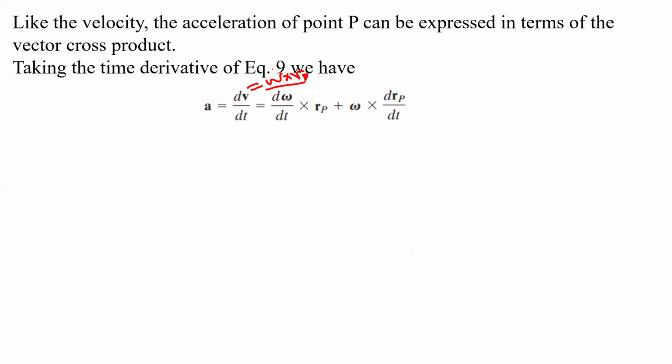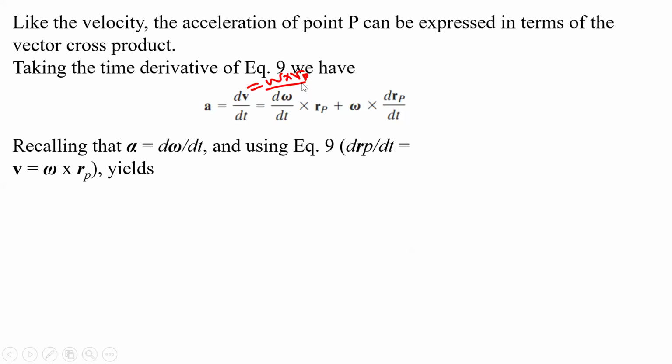We first differentiate omega, that is d omega/dt, cross RP. Then we hold omega and differentiate RP. Recalling that d omega/dt is alpha, and d RP/dt, the time rate of change of displacement, gives you velocity, V.